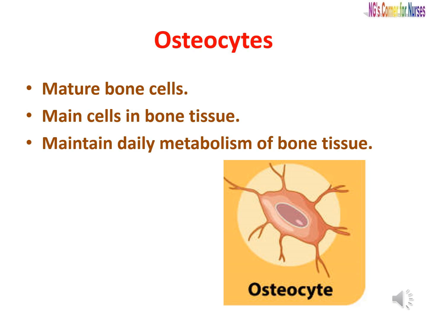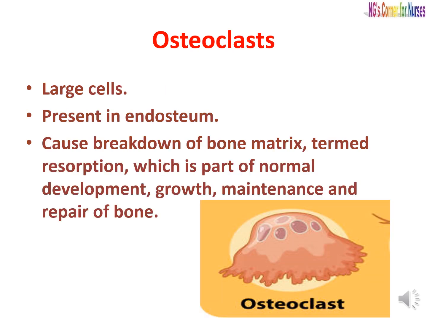These are the mature bone cells, the main cells in the bone tissue, and they maintain the daily metabolism of bone tissue. Next are osteoclasts. These are large bone cells present in the endosteum. They cause the breakdown of bone matrix, termed resorption, which is part of the normal development, growth, maintenance and repair of bone.